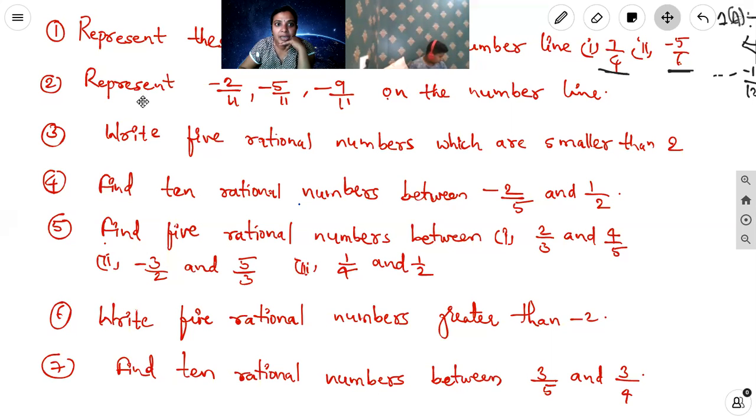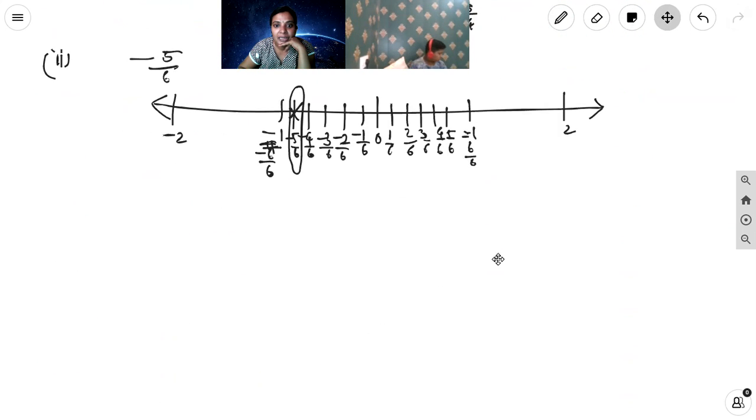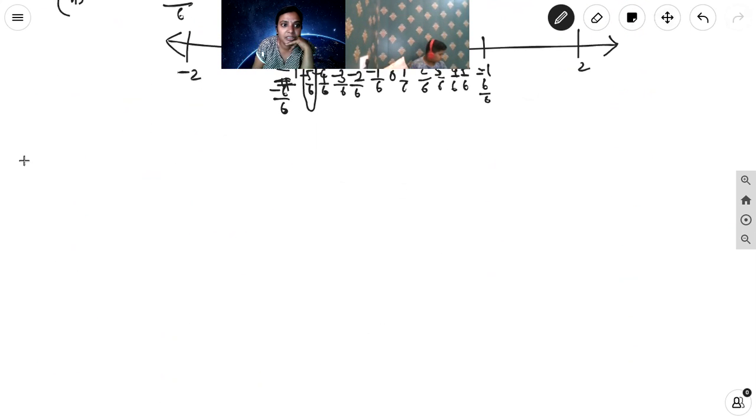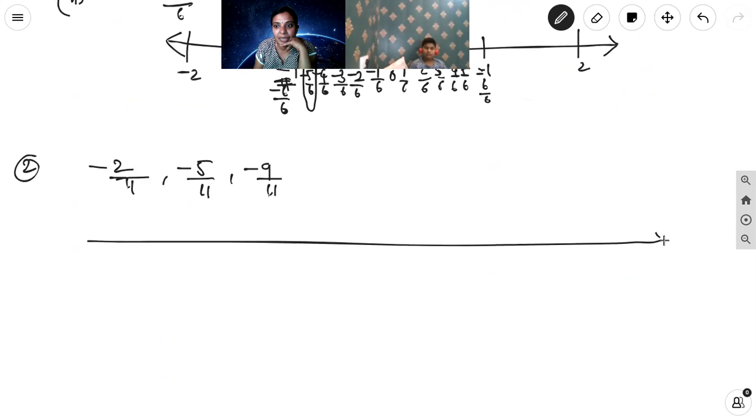Second question. Represent minus 2 by 11, minus 5 by 11, minus 9 by 11 on the number line. Take the number line. Here 0 is the mid value.